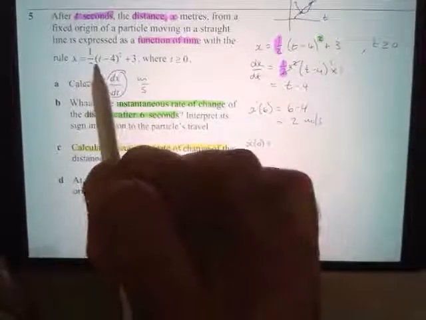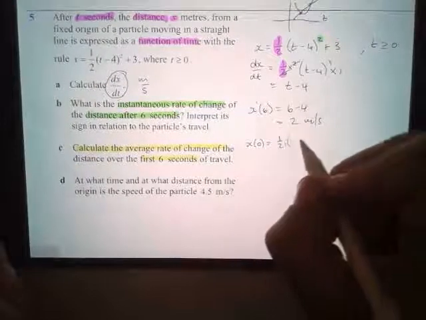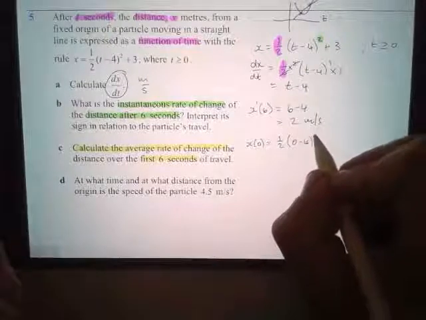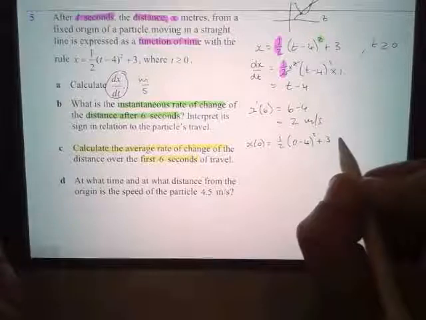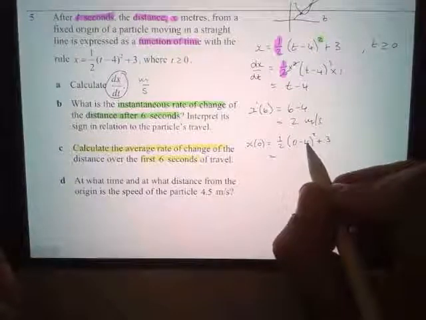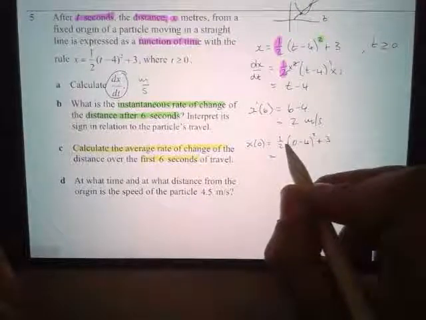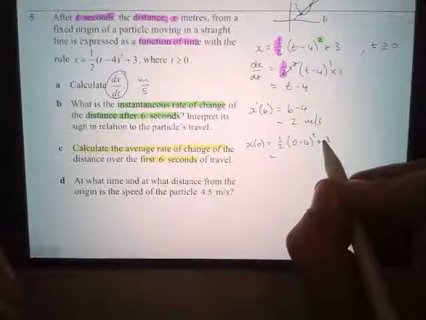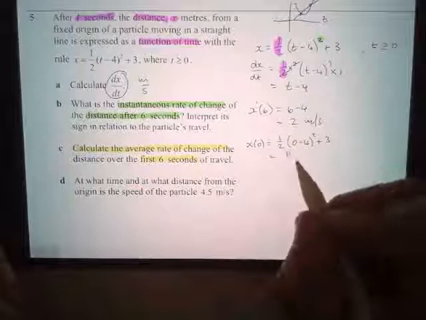So when t is 0, I'm going to put 0 in here in the place of time. So it means a half (0 minus 4) squared plus 3. Minus 4 squared is 16, 16 times half is 8, 8 plus 3 is 11.